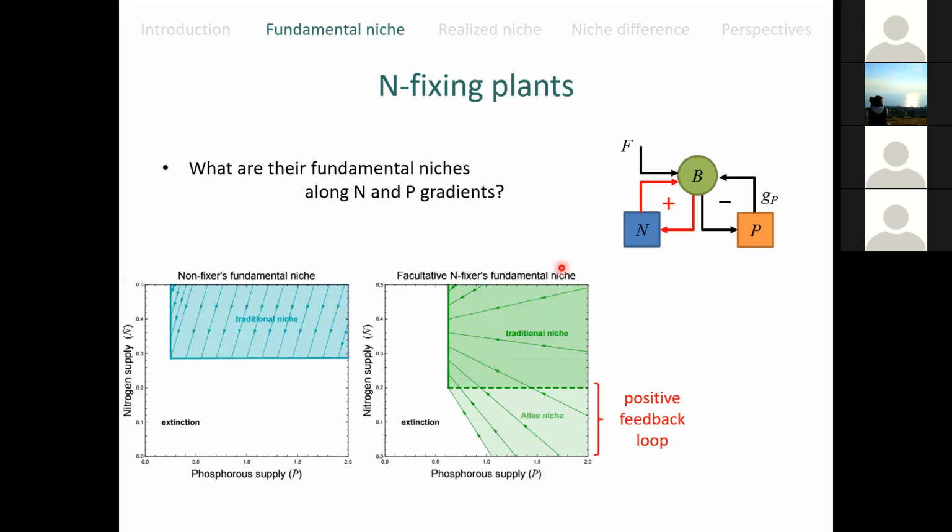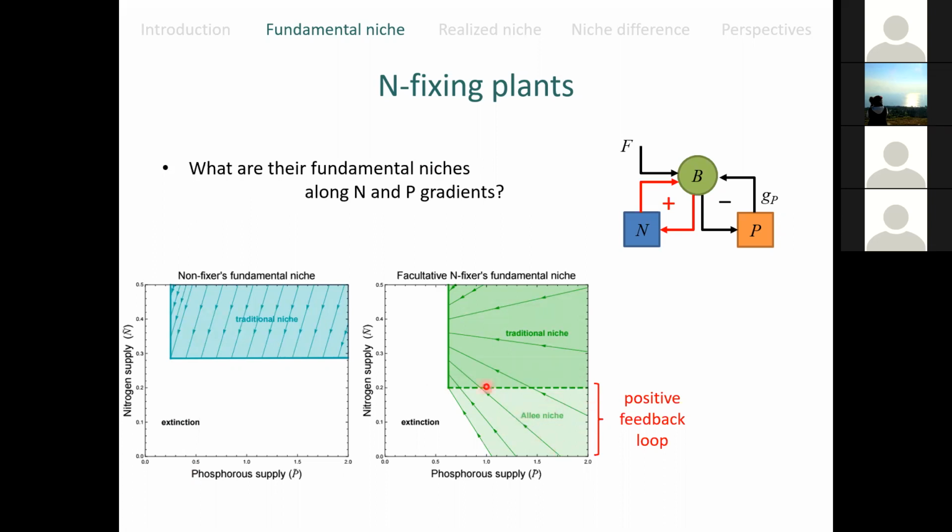Things are a little more interesting in this situation. Basically, there's still a minimum amount of nitrogen that's necessary in the soil for my N fixer to invade, because again, it cannot fix as much as it wants. It relies partly on N in the soil. So there's an N star here for nitrogen, below which my N fixer cannot invade from small densities.